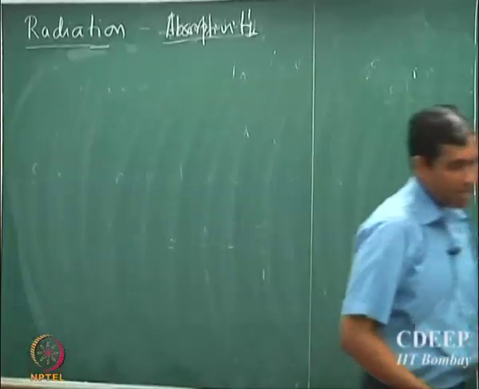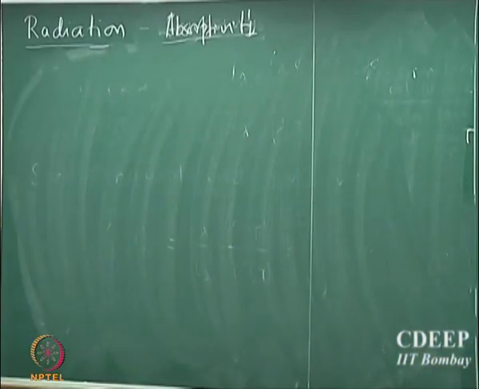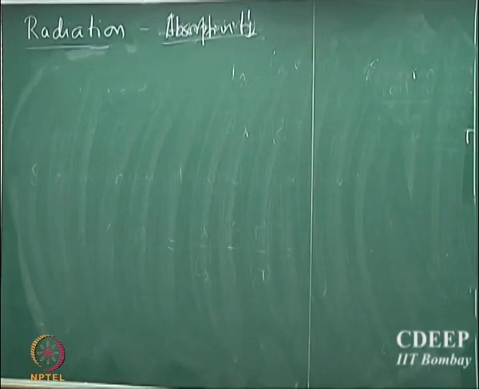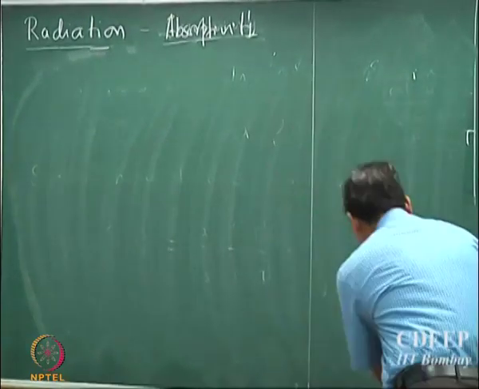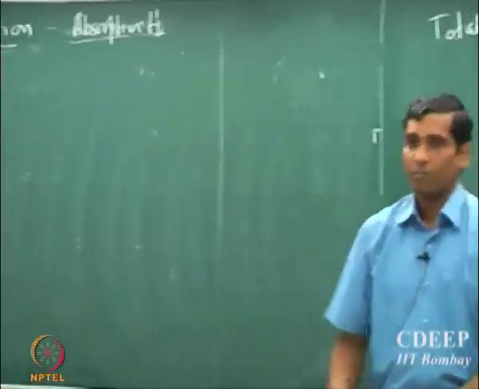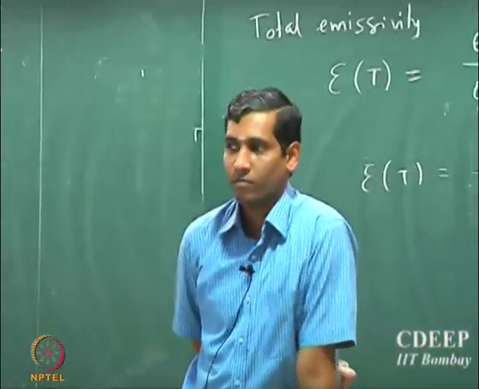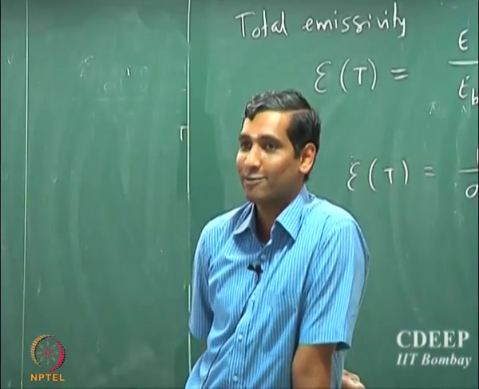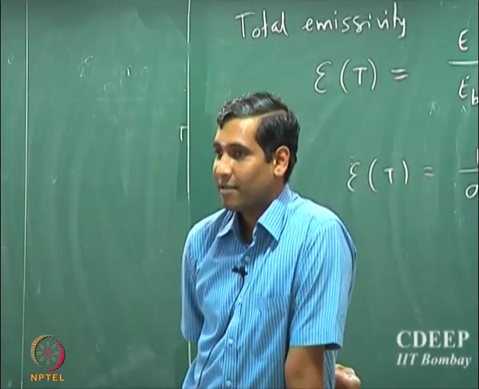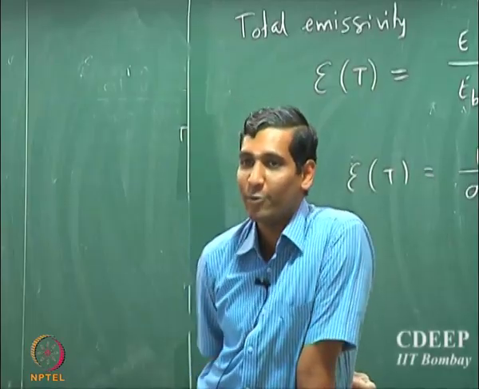One could define a quantity called absorptivity. So how do we define absorptivity? So note that we cannot use black body as a standard here, right, it absorbs everything. So what do we do?